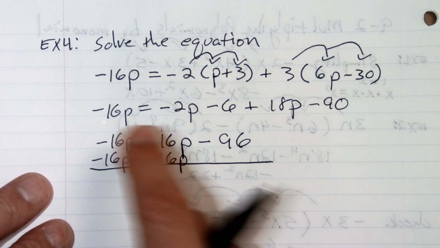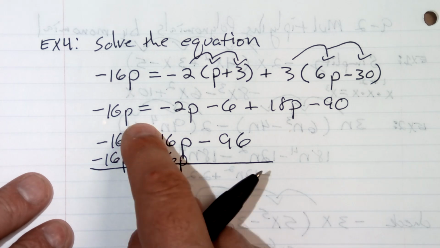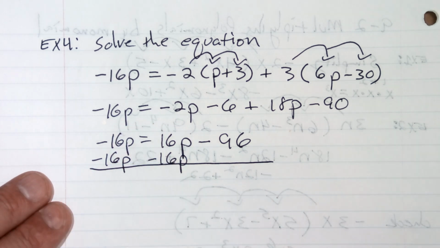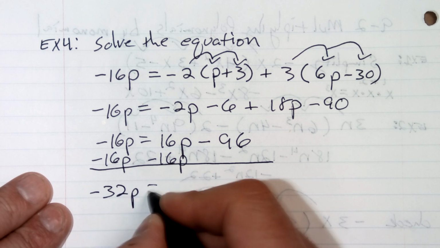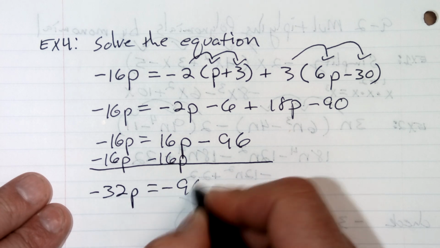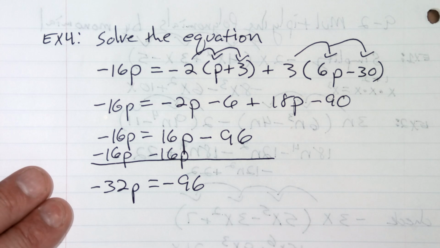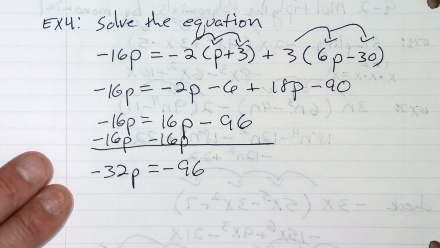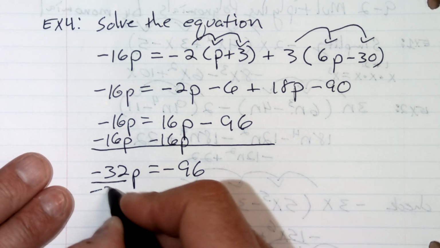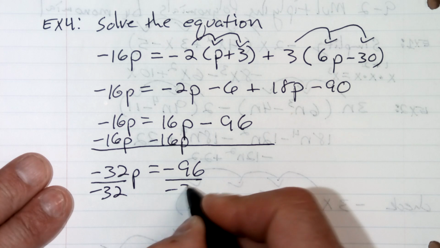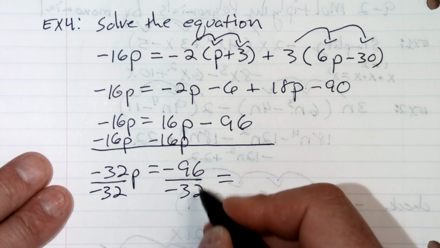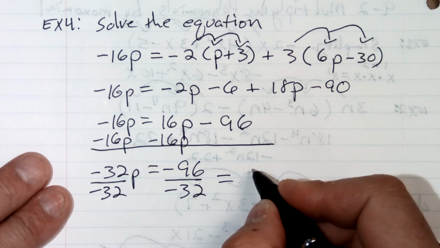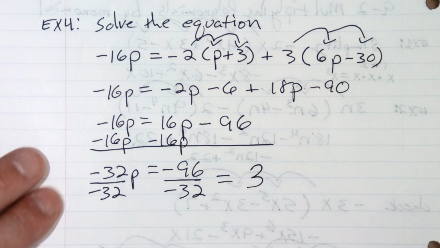So negative 16, if I borrowed 16p and borrowed another 16p, how much have I borrowed? 32p equals negative 96. The negative 32 is multiplying, so to get rid of it, does anyone know what negative 96 divided by negative 32 is? 3 is correct.